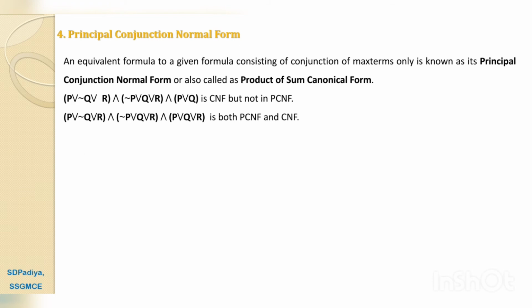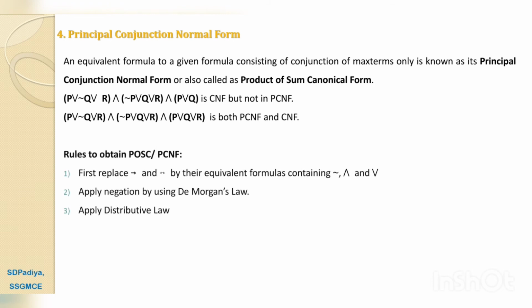That's why, in the rules to obtain the product of sums canonical form, that is the principal conjunctive normal form, the first three rules are to obtain the CNF. The first rule is to replace implies and double implies by their logical equivalent formulas containing not and or.